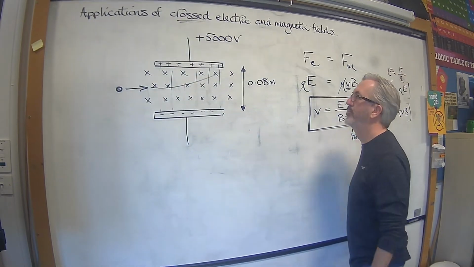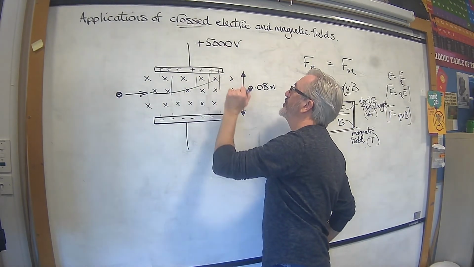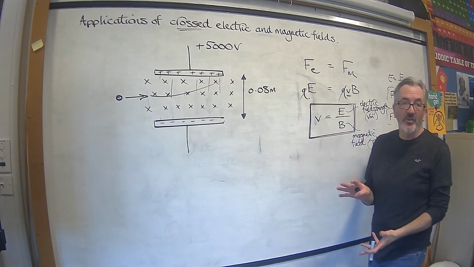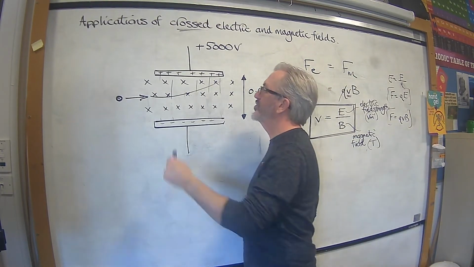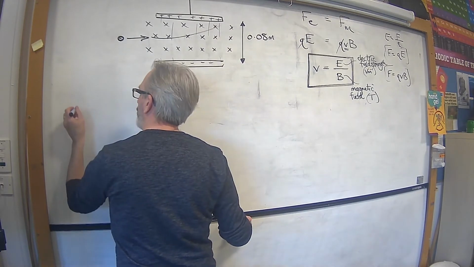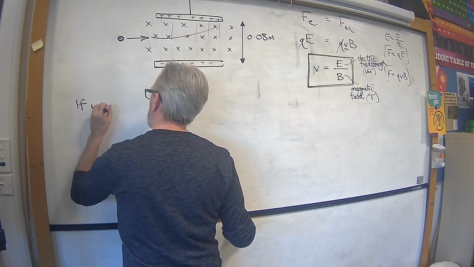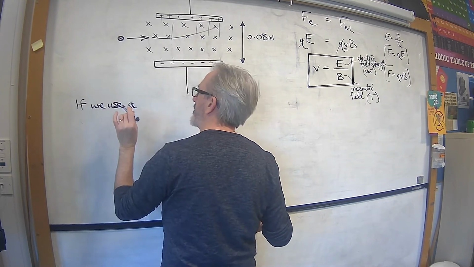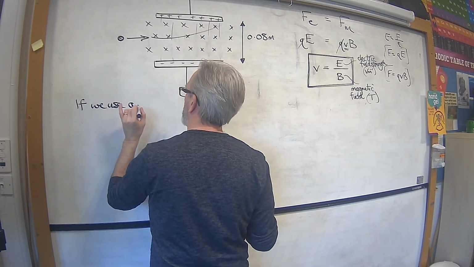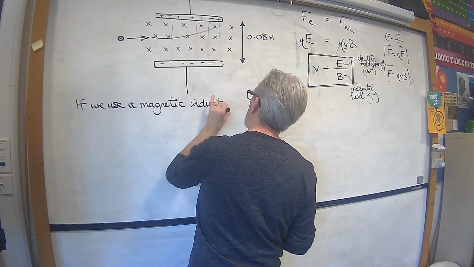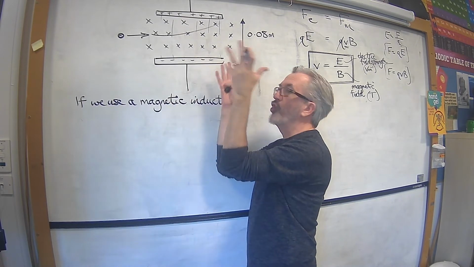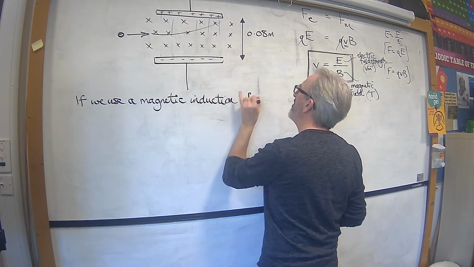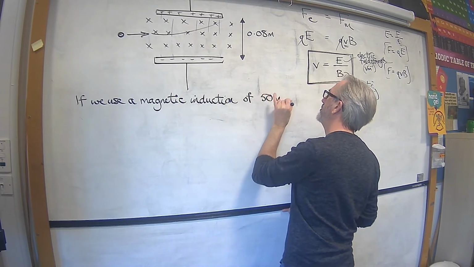I'll give you a wee example. Say that voltage was 5,000 and that distance there was 0.08. We could work out that electric field strength. Let's also say that if we put a magnetic field across that electric field, we've got a magnetic induction of 50 millitesla.